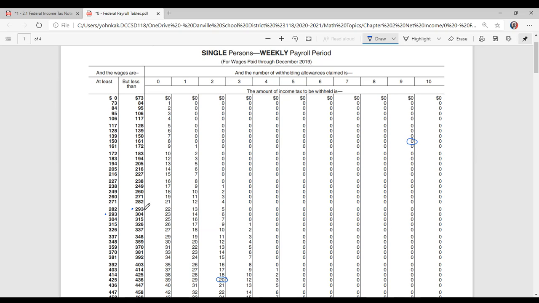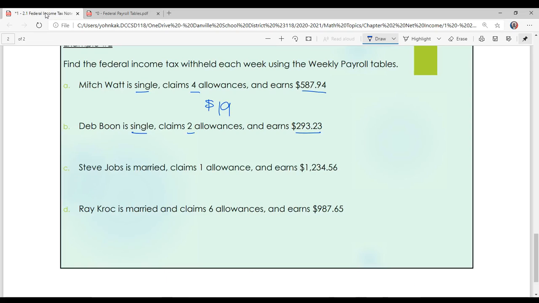Now, 293 is not less than 293. So we actually have to go into this next row. And so 2 allowances would put us at $6. That's a really important point. Make sure that if you are on one of the edges of the bounds of whatever the wages are, you read very carefully that you have to be less than the right number. So that's why we kicked it up 1. That gave us $6.